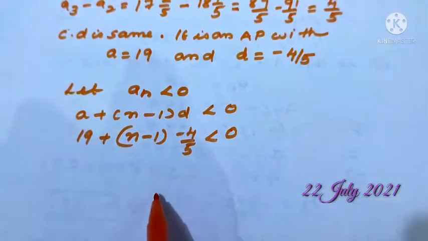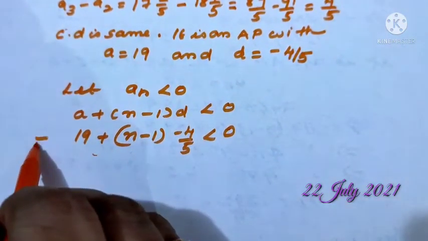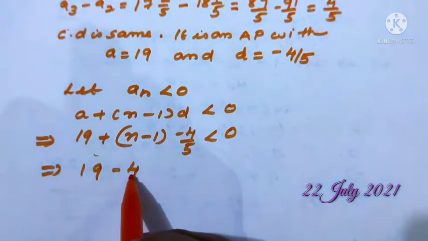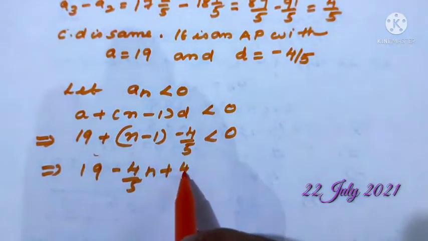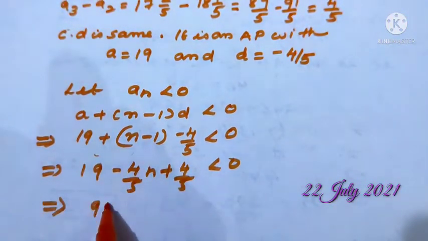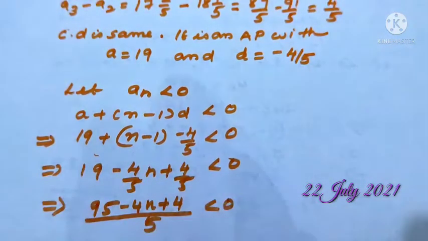Because of the inequality, we are taking the LCM here. The first step is 19 minus 4 by 5 n plus 4 by 5 less than 0. Taking the LCM, 95 minus 4n plus 4 by 5 less than 0.